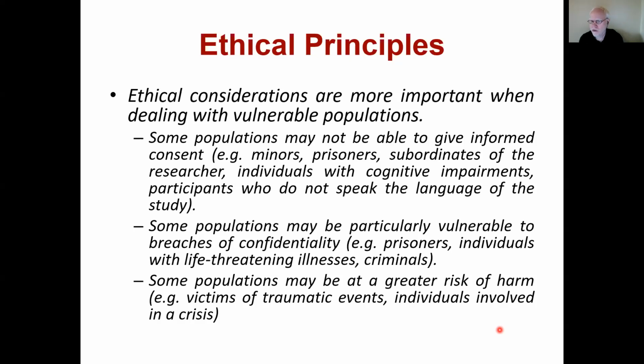Criminals. Some studies are trying to understand how criminals operate, and you don't only want to be talking to criminals who are in prison. The researchers also may want to be talking about criminals who haven't been caught. Those criminals aren't going to be sharing information about their crimes if they think that confidentiality is a problem.